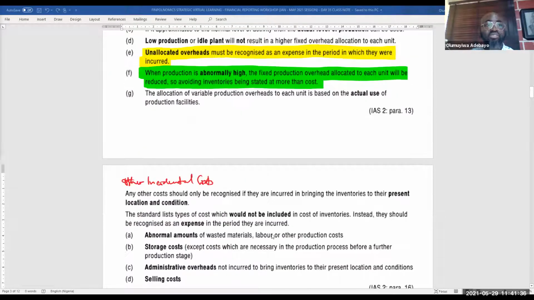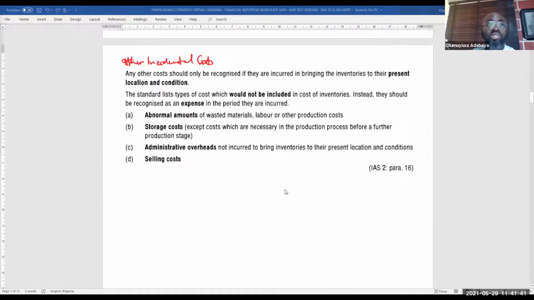Okay, and that is that. Now let's look at what my brother said earlier, other incidental costs. Other incidental costs are any costs that should be recognized if they are incurred in bringing the inventory to the present location and condition. If you look at the case study of Apapa in Nigeria, all of those things you have to do to get your product out of Tin Can Island are logistic costs, and therefore they are incidental costs, which include transport and handling costs.